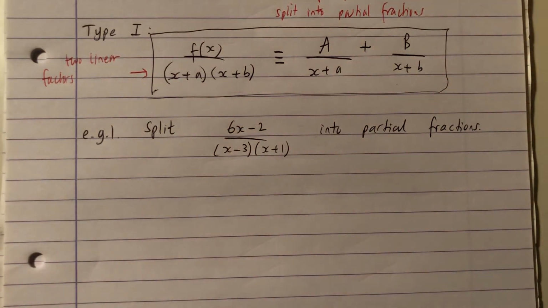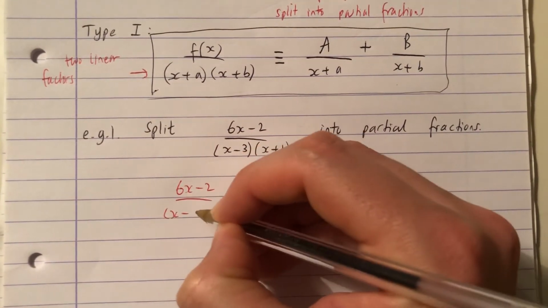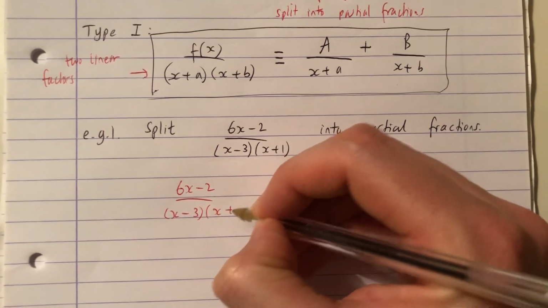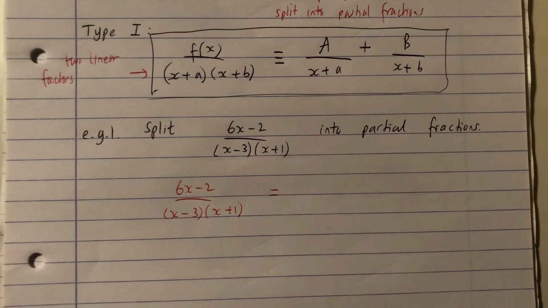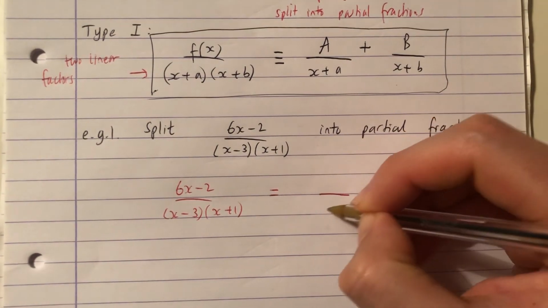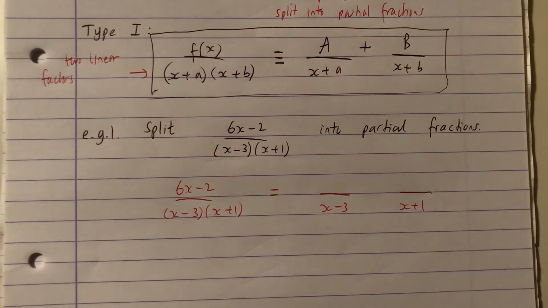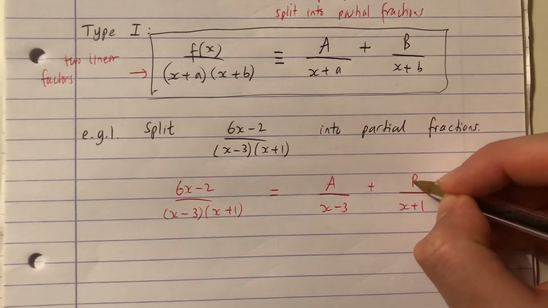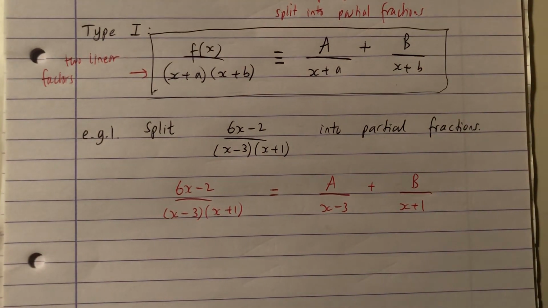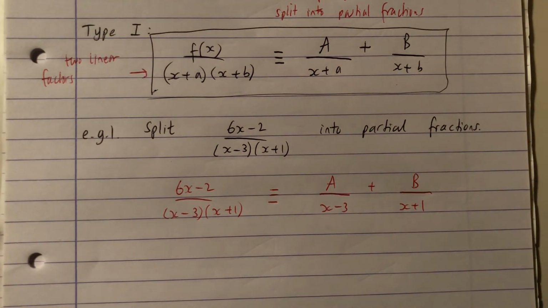So that would mean that (6x minus 2) over (x minus 3)(x plus 1) would split up into, you know what the denominators would be, but you have no idea what the numerators would be, so you just call them A and B. And again, you should technically use the identity symbol. Now your job is to find out what those A and B values are.